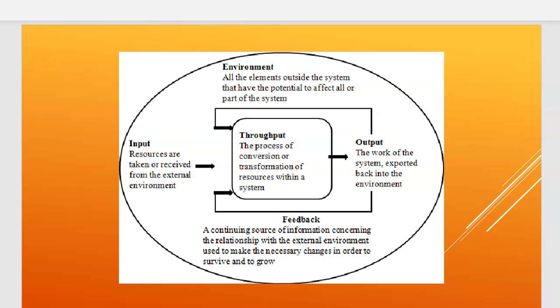Right? So that's the throughput. The energy of her being a good role model is transformed into all of these positive aspects for the family. And then the output is that it impacts all the family relationships, and it can help provide a sense of safety and security for the whole family.